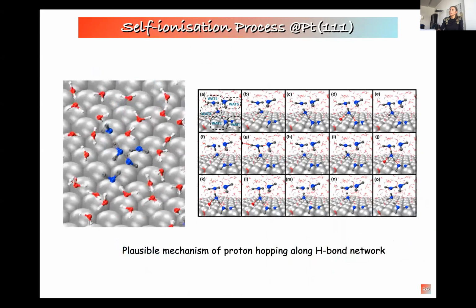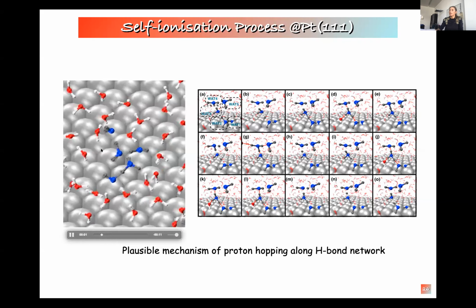What this implies is that there is a certain probability that hydrogens hop from a water molecule adsorbed at the surface to a water molecule that belongs to the first water layer.